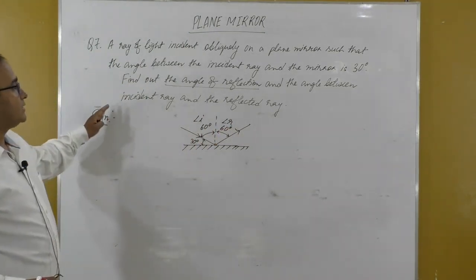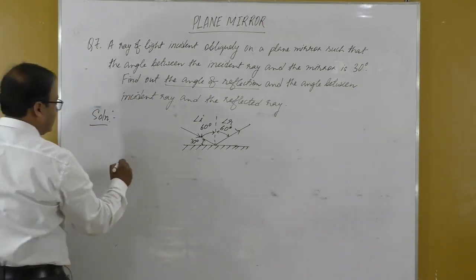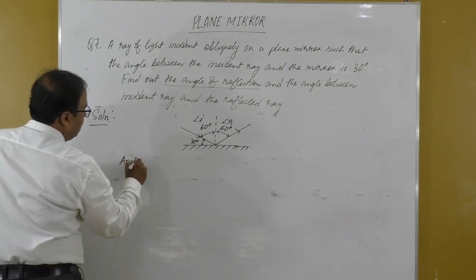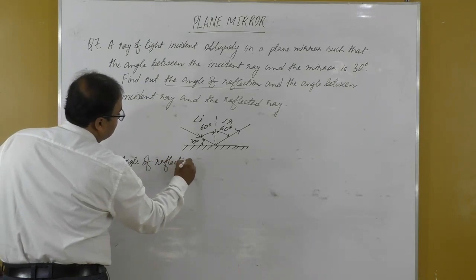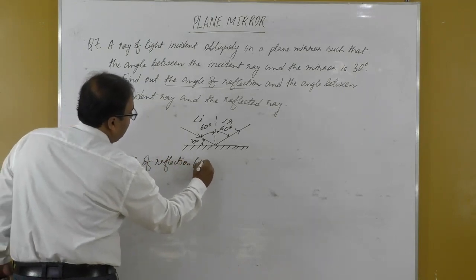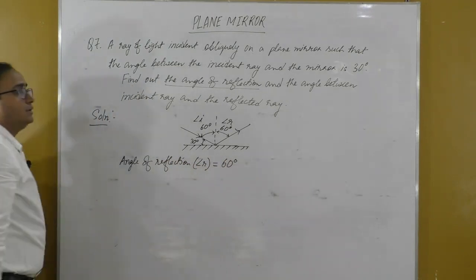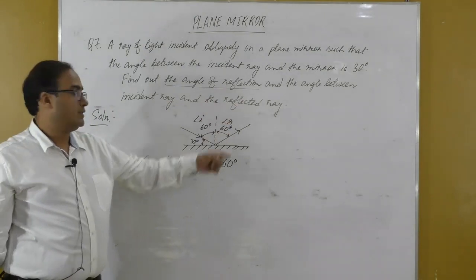So in the question it is asked the angle of reflection. So if you look at this figure, you can answer the angle of reflection, that is angle R, is 60 degree. The second question here, the angle between the incident ray and the reflected ray.